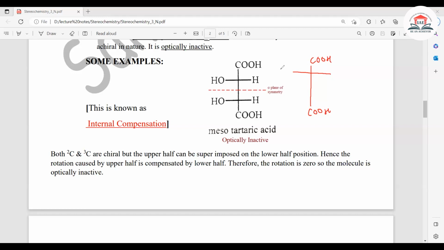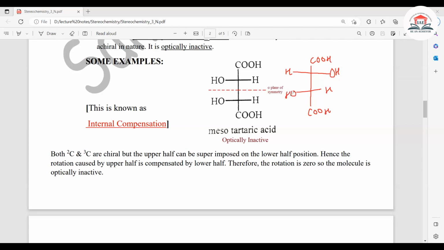So I am drawing the active form of this mesotartaric acid. Okay. So how does it look like? HOH, and here HOH.